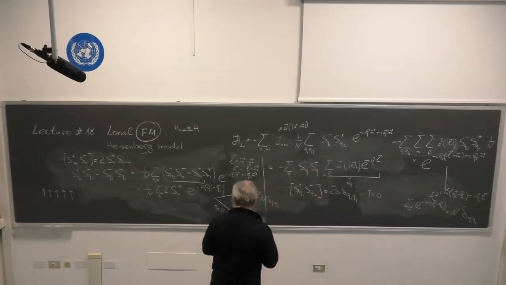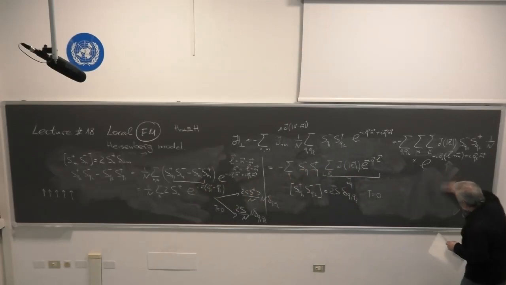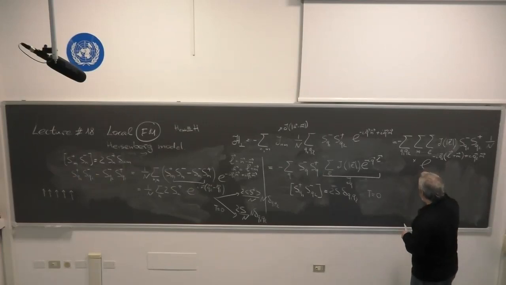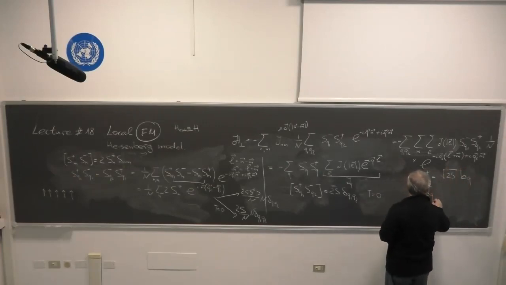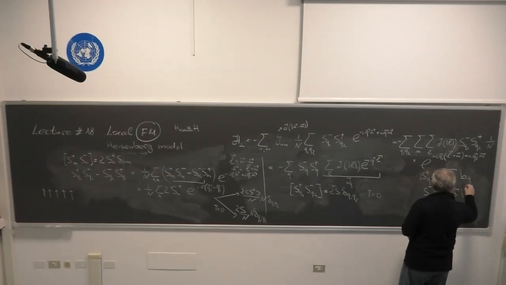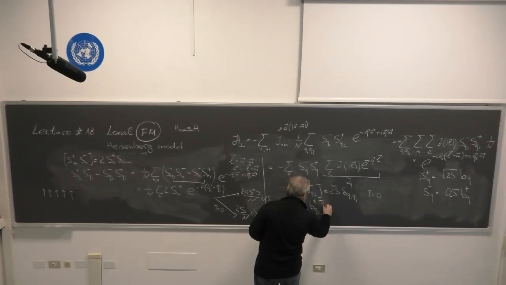Therefore, I can introduce bosonic operators. They are almost bosons with a proper normalization. So if I say that my operator S plus q is equal to square root of 2S times the annihilation operator b_q, and S minus q is equal to square root of 2S times b_q dagger, then I can rewrite this commutation relation as the commutator of b_q1 and b_q2 dagger equal to delta q1 q2.